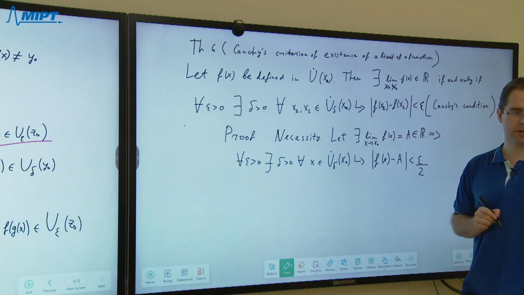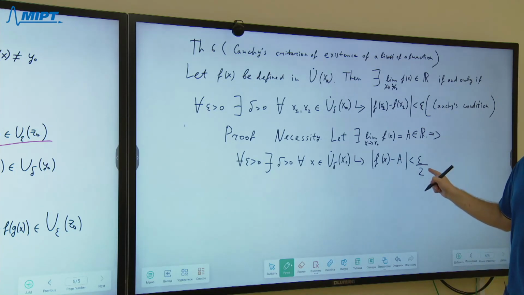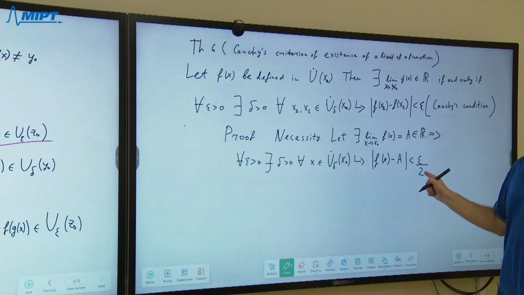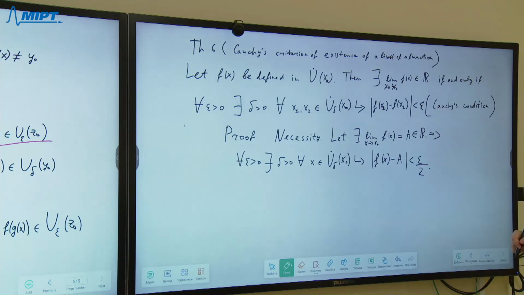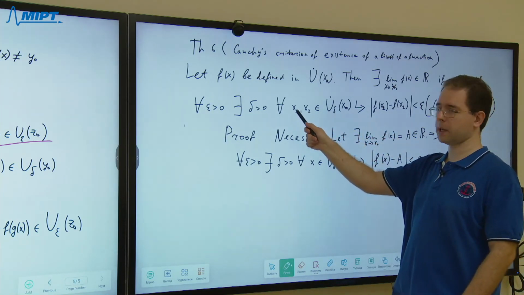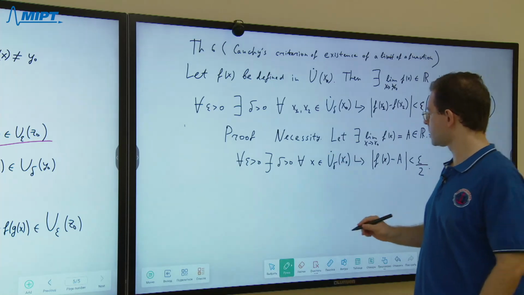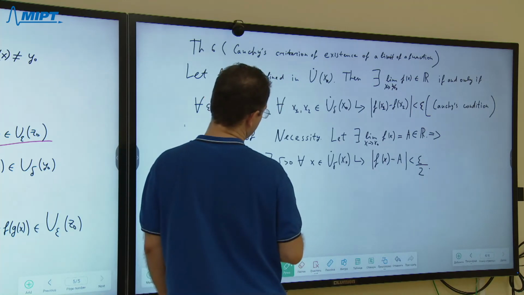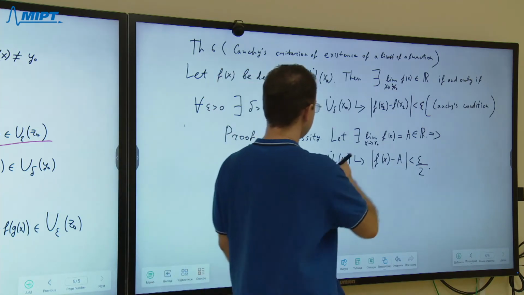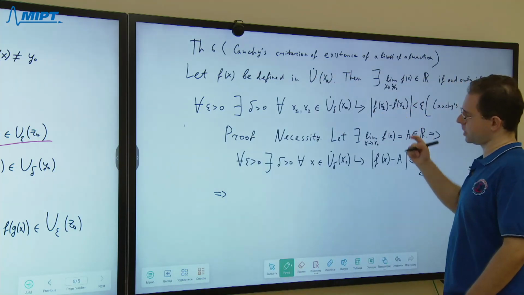Here, once again using this trick, where instead of epsilon, I'm writing epsilon multiplied by some specific positive number. Since epsilon is any positive number, epsilon divided by 2 is also any positive number. Okay, so let's write down this statement for those two numbers x1 and x2. Let's look at this expression.